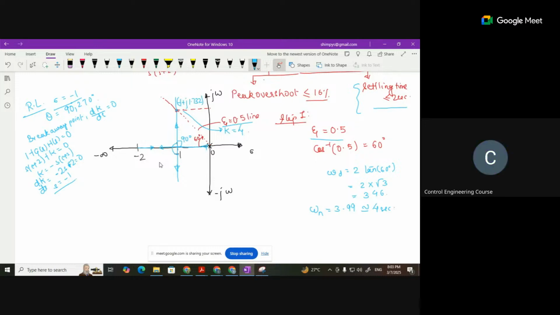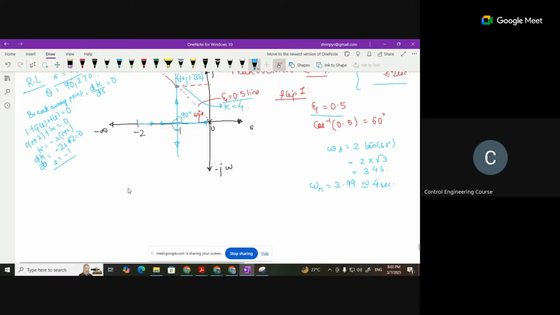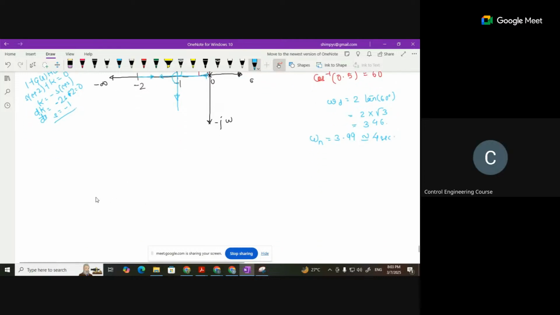So now there is an approach to find out the real part and the imaginary part of the dominant roots. Listen carefully. The real part of dr is obtained from the specified settling time, and the specified settling time is given as 2, right?